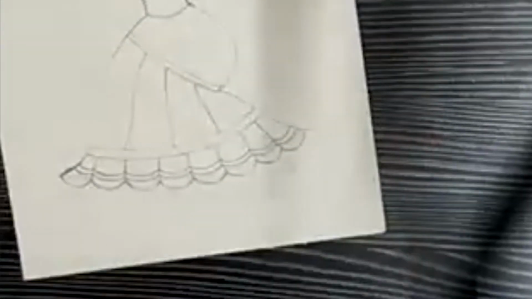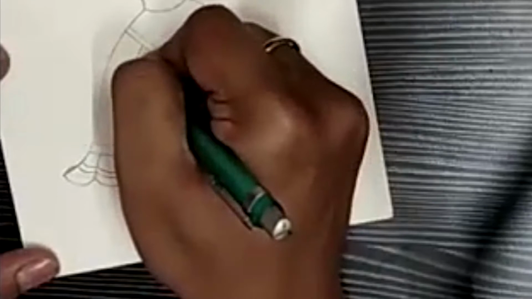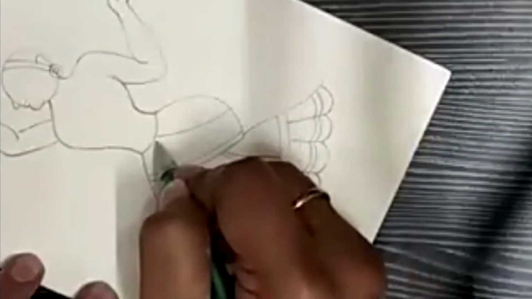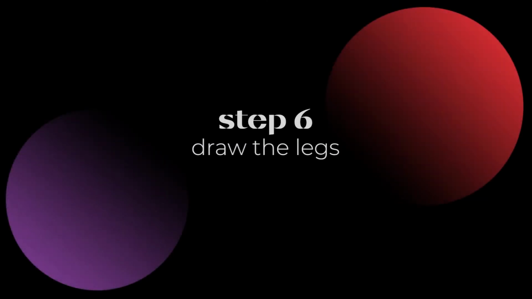So the entire twirl of the ghagra will be captured. So I'm quickly going to make border lines along with it. I'm going to draw another line here on this orni, which is wrapped around the waist. So we're done with the ghagra part.